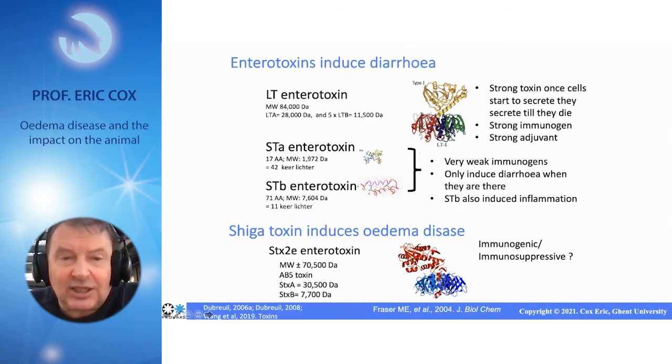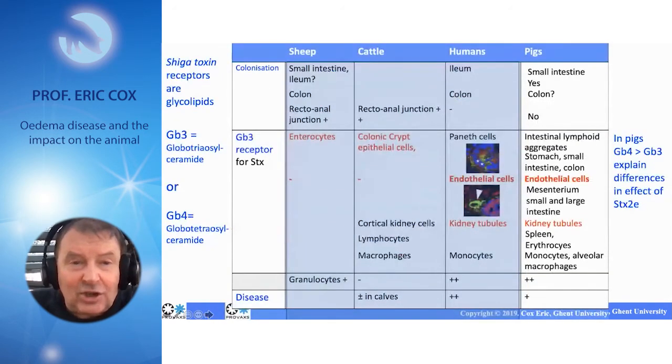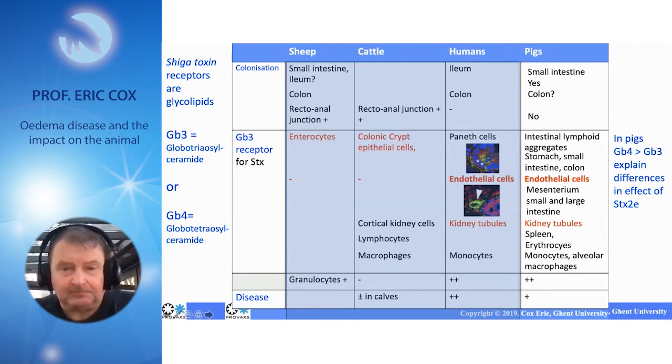That is also the case for the LTB enterotoxin. So it binds to glycolipids on the cell membrane, and this shows you different animal species and humans in which Shiga toxin can have an effect on the mucosa.